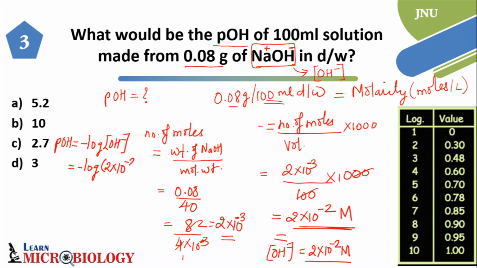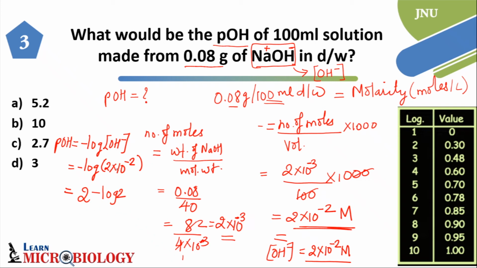Now here again I am going to share with you a trick to solve any log calculation which has such a value where 10 is raised to a negative power. What to do is, this minus 2 comes out and becomes positive, then minus log of 2. That is how you need to solve this.